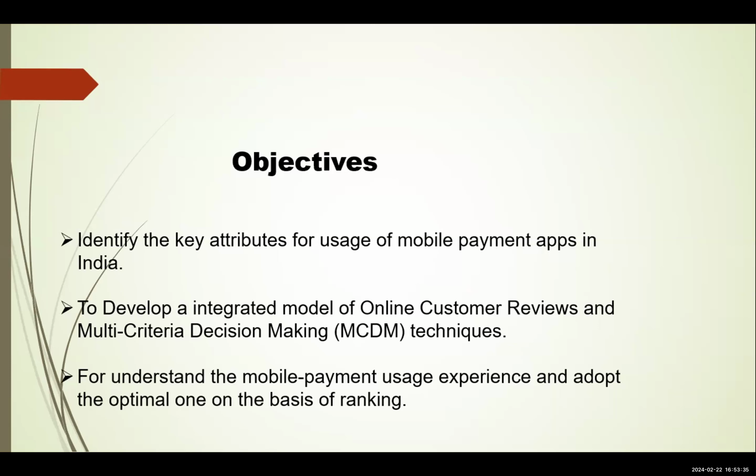Yes, sir. Actually, I went through the reviews. Nobody is taking mobile payment apps, and nobody is applying these intuitionistic fuzzy models, MCDM techniques to calculate the rank of the models. This is the newness of my paper.